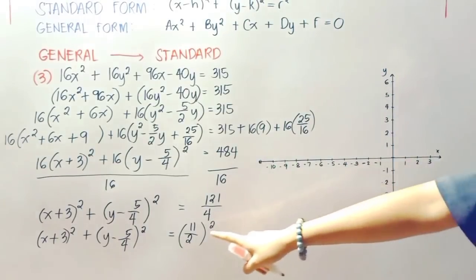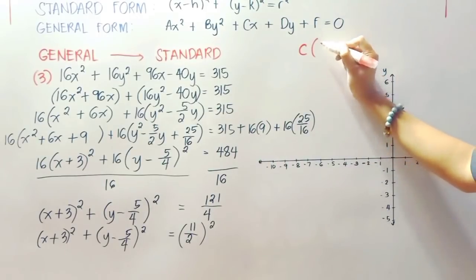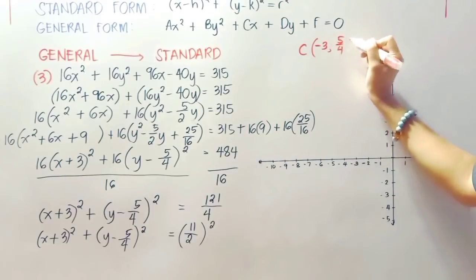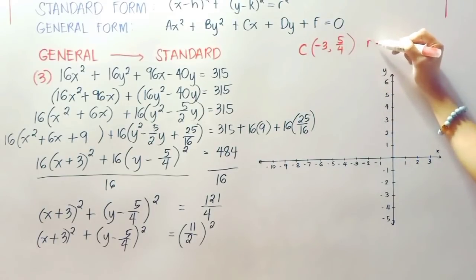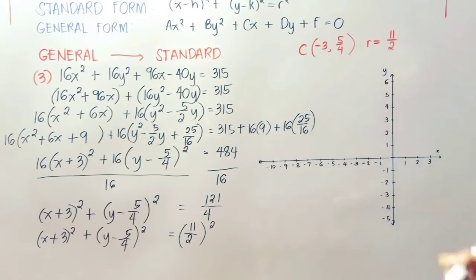From this, we'll get our center, so our h is negative 3 and our k is 5 over 4, and our radius is 11 over 2. So to make it simple to plot, let's have the decimal form here.